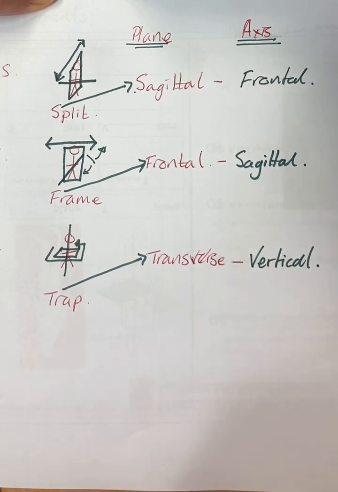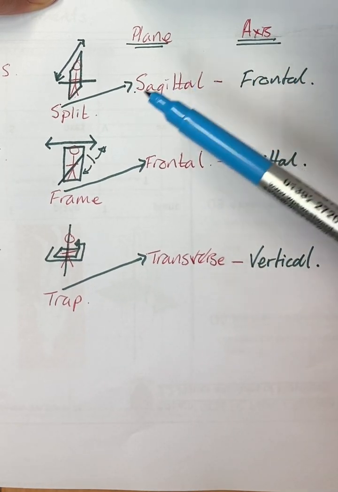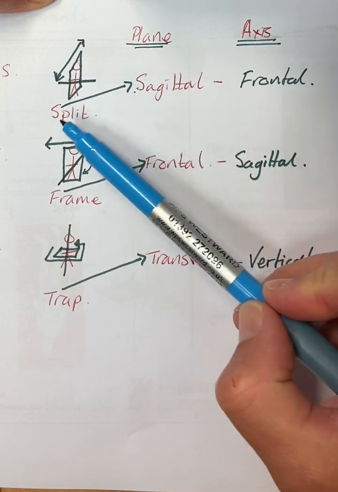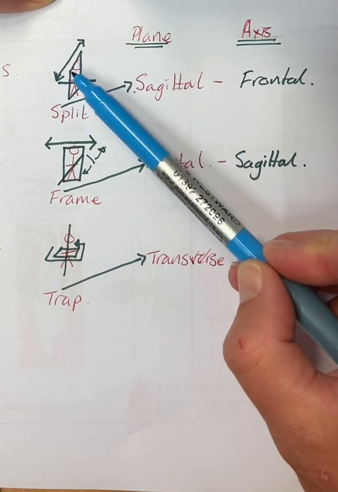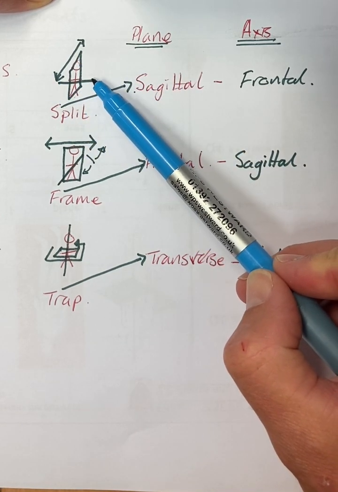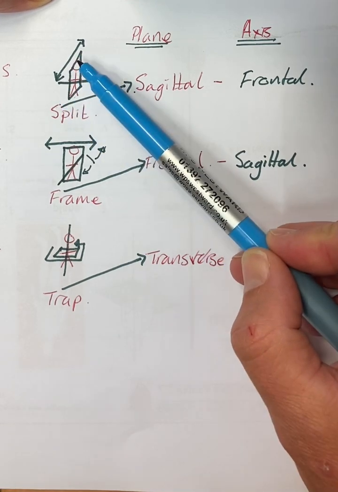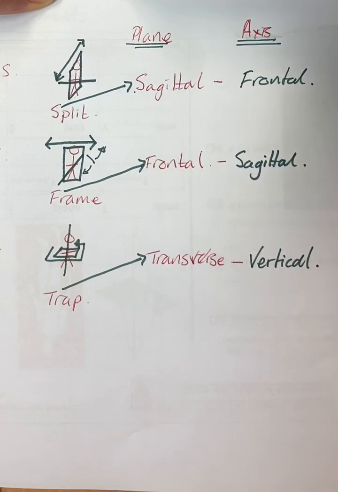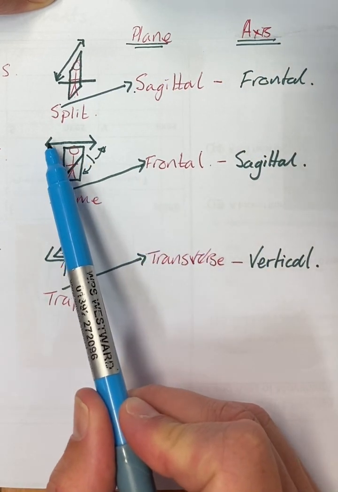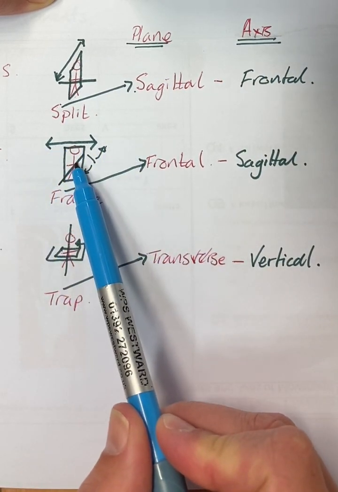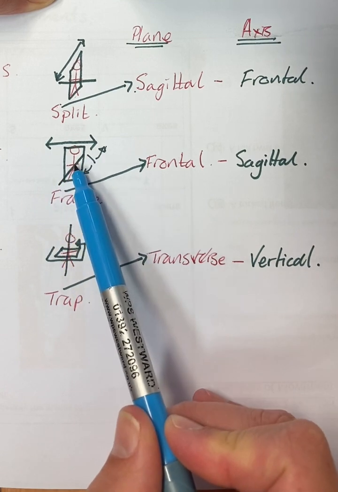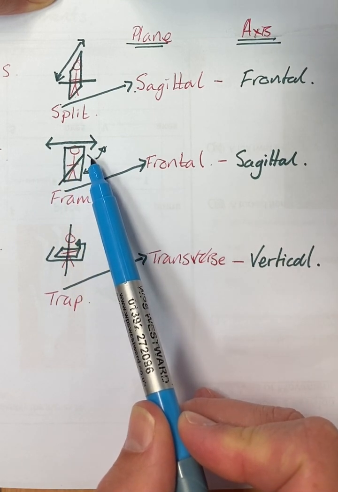And now we've got those, we can think about the movement patterns that person can make. So if it's on the sagittal plane around the frontal axis, the only movement that person could make would be like a front somersault, a forward roll, or a back somersault. This person here is going to be moving sideways, but rotating around the sagittal axis, going through their belly button. We know it's abduction and adduction movements they can make.